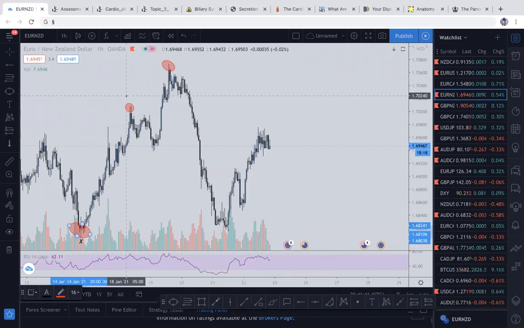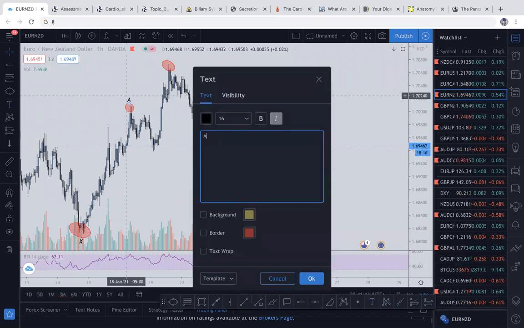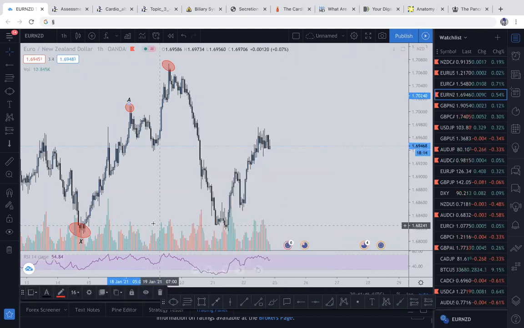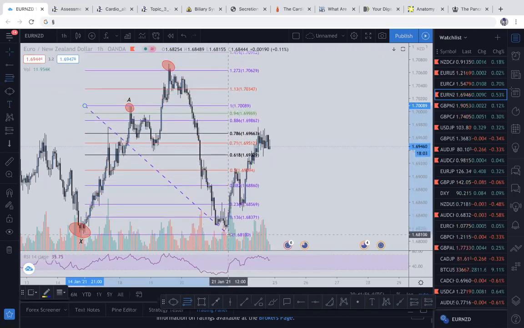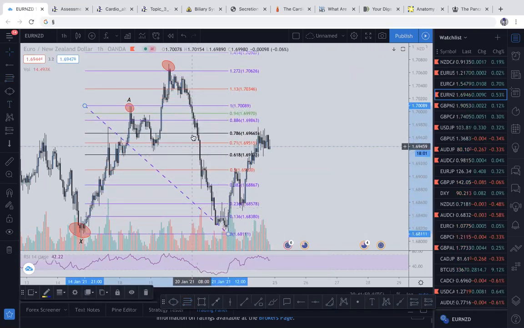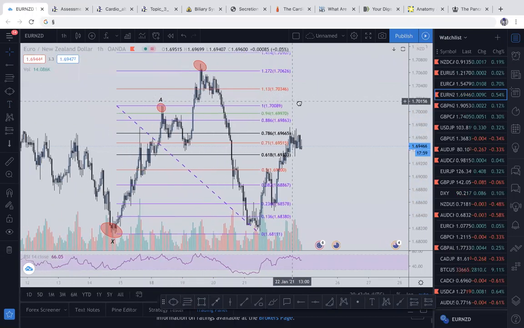I'll label this area as A. Now let's see. If I pull my fib from the A area all the way back to X area, look at the zone that we're in.